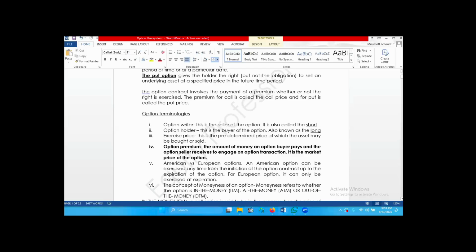The option premium is the market price of the option. This premium must be paid whether or not the right is exercised.